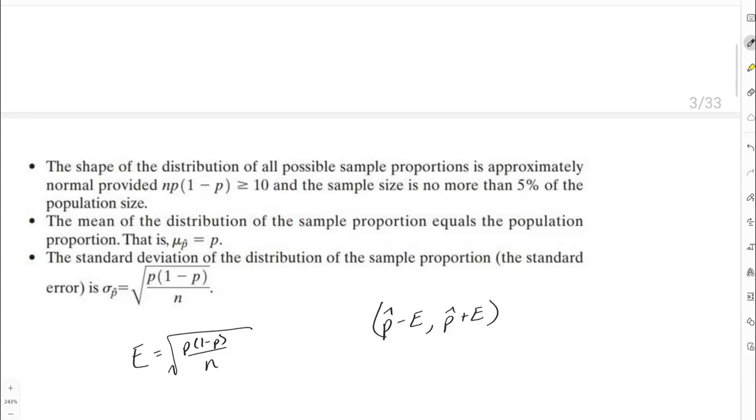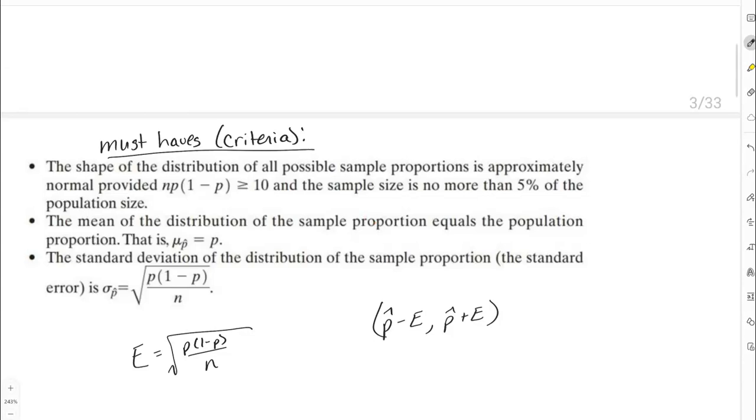Now, there's some criteria that has to be met. So these are your must-haves. First, the shape of the distribution of all possible sample proportions has to be approximately normal. And we could test that by looking at n times p times 1 minus p and see if that's going to be greater than or equal to 10.